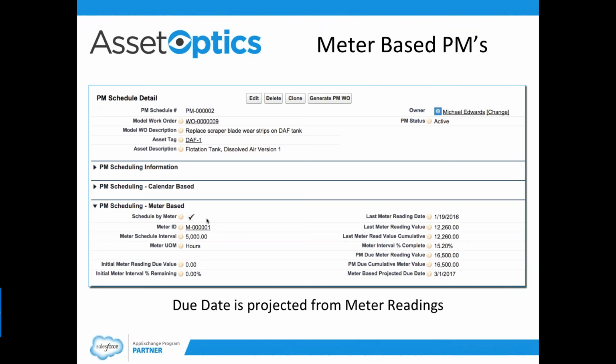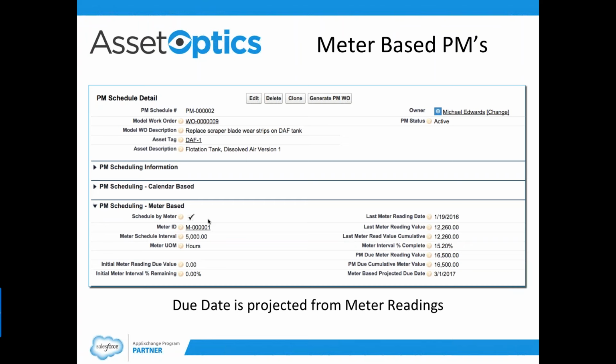Meter-based PMs. Now, the meter-based PMs get to be a little bit more complex, if you will. With meter-based PMs, the due dates are projected from the meter readings that you put into the system.